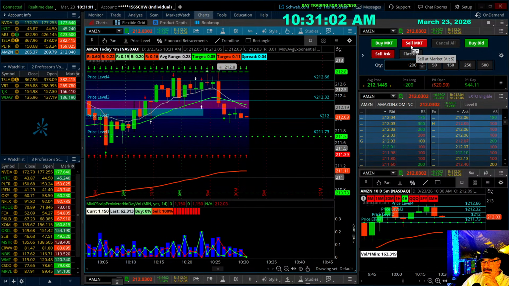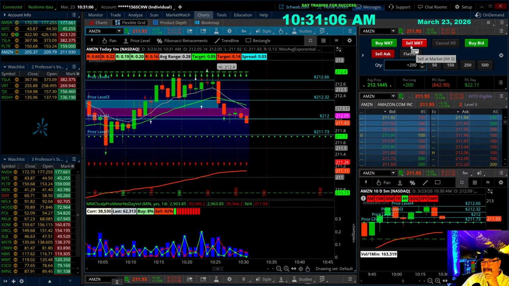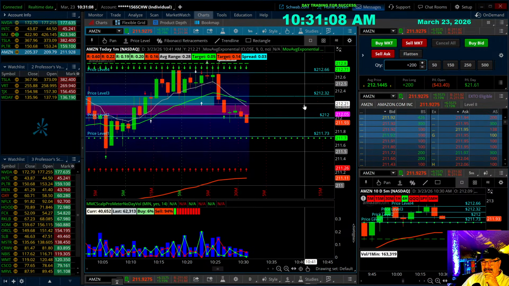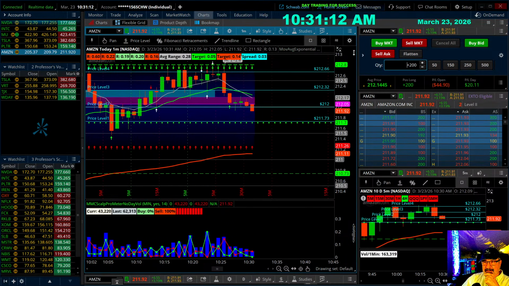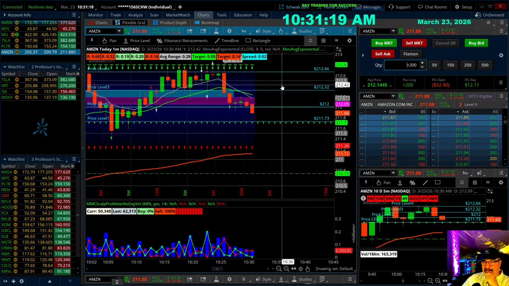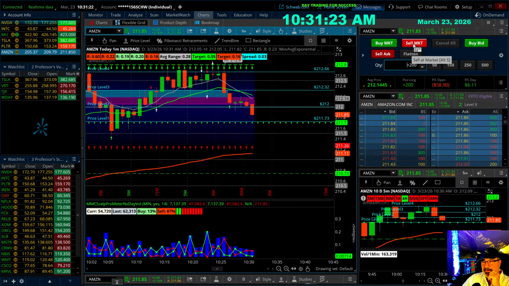Is it going to hold that 212 now? One more chance. No. So now I've got to make a decision to take a bigger loss or hold. Price action above here wants to pull this up, boy. There were a lot of signs it was going to go back up, so I held it deeper.